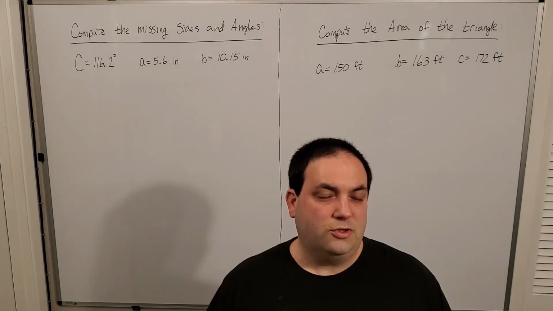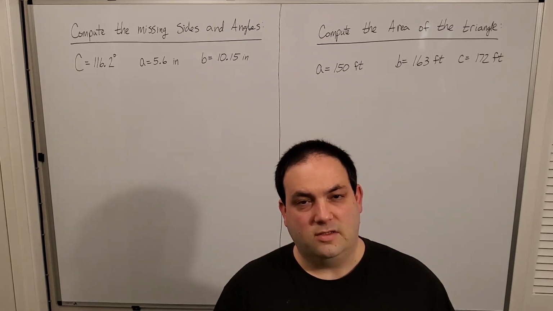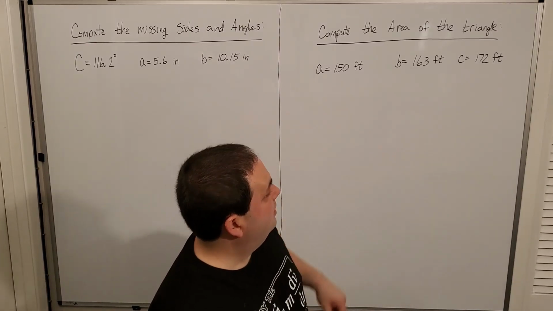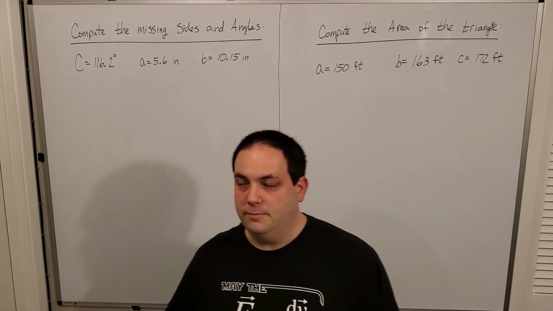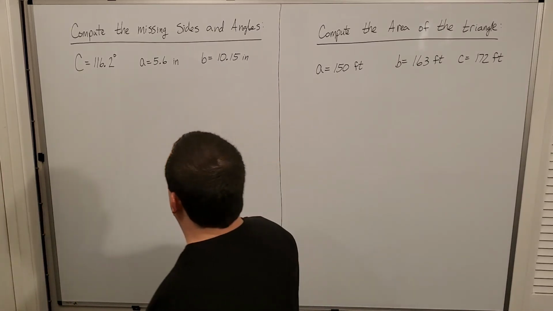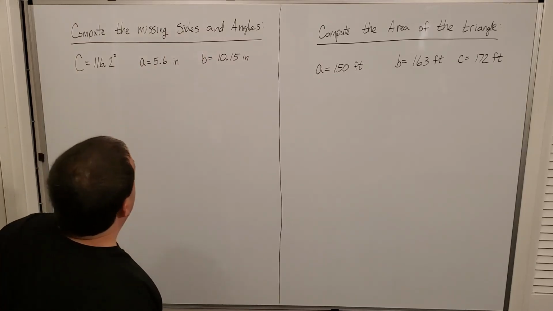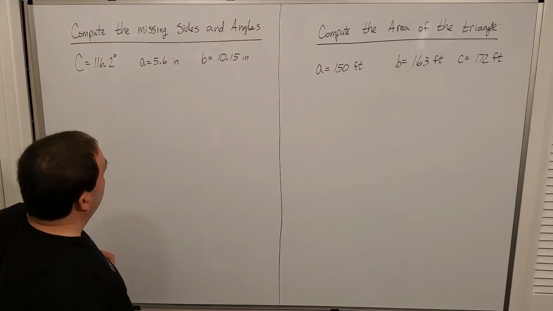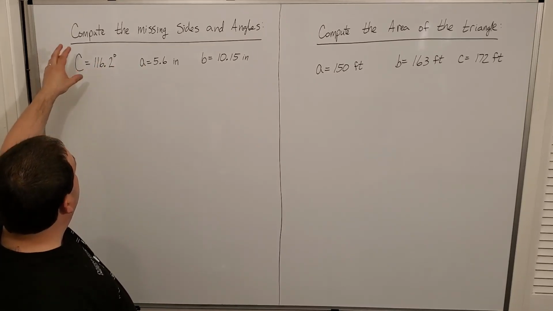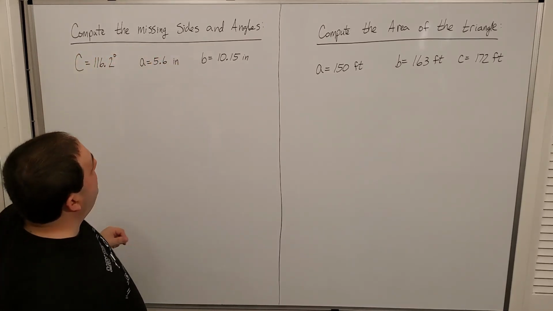Let's continue on with triangles and get the basic law of cosines application and example out of the way, right? So I've got the application, of course, to the area, and then the actual one that uses law of cosines. So how do I know that this particular triangle setup is going to use law of cosines? Well, I start by noticing I don't have any pairs, right? Big C, but little a and little b.